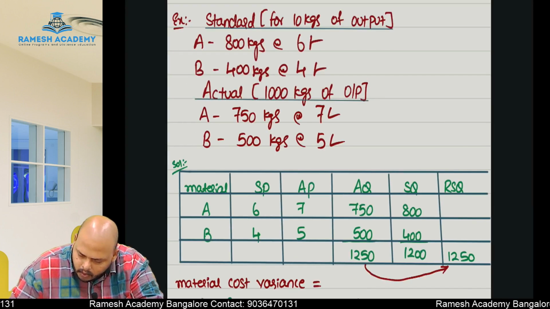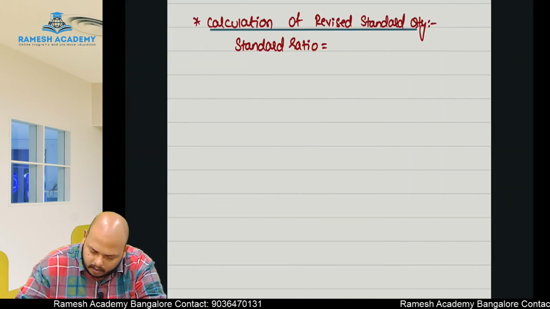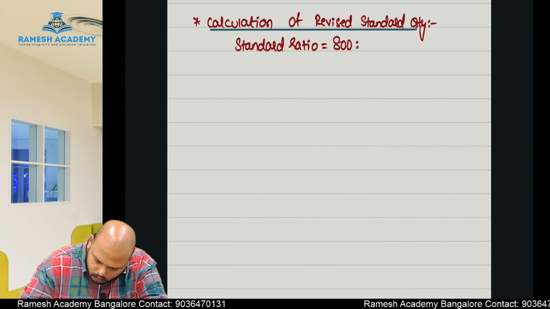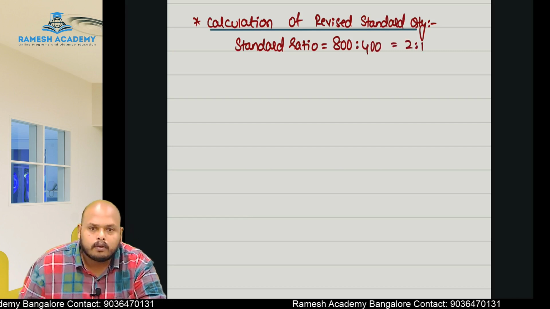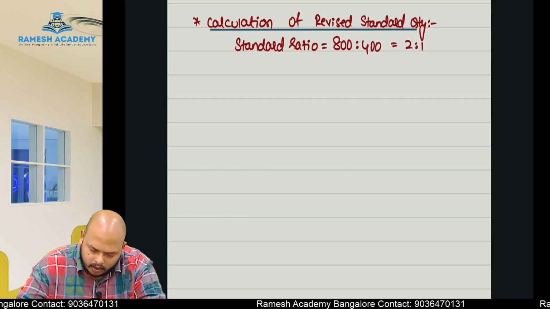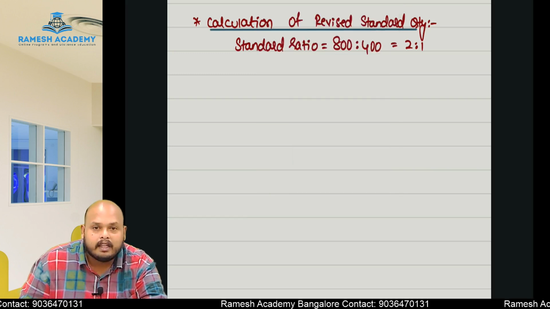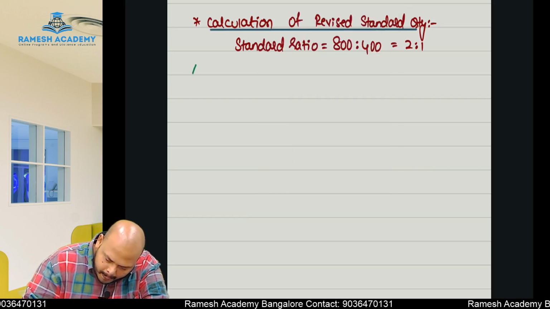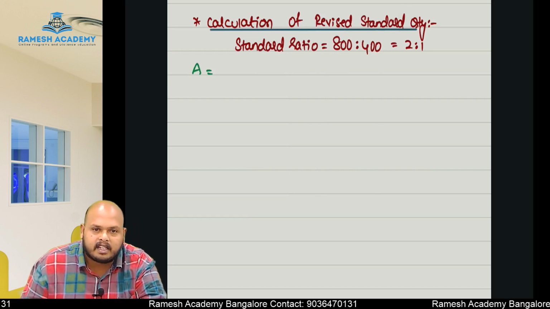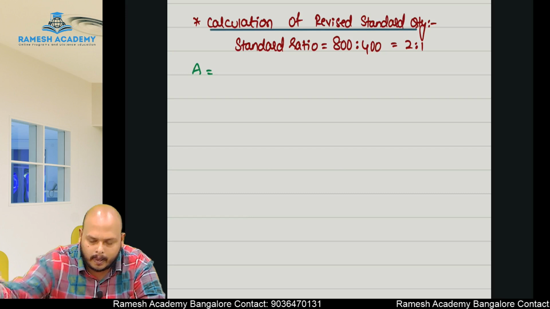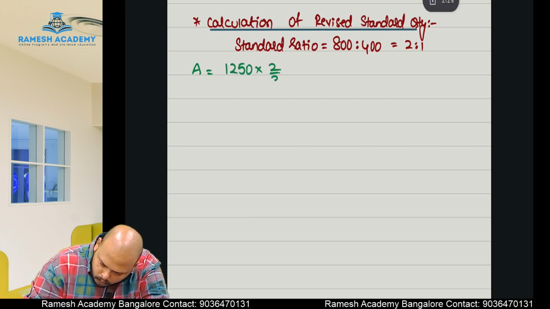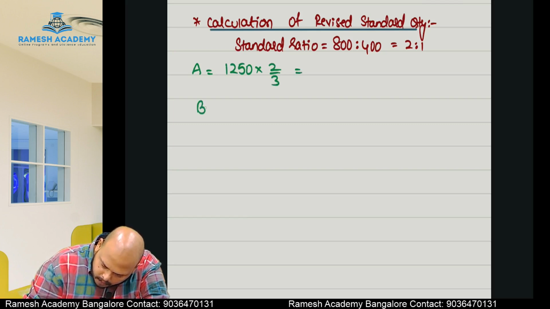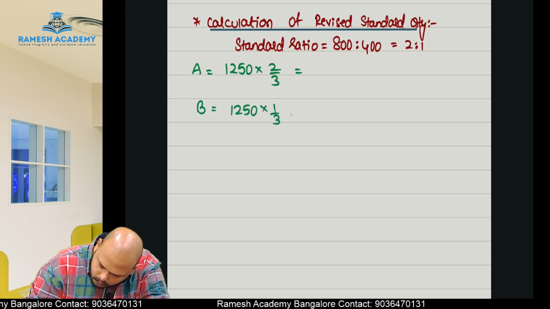What is the standard ratio here? 800, 400. Two is to 1. Let us calculate the revised standard quantity for A. A revised standard quantity is equal to 1250 into 2 by 3. For B, 1250 into 1 by 3.